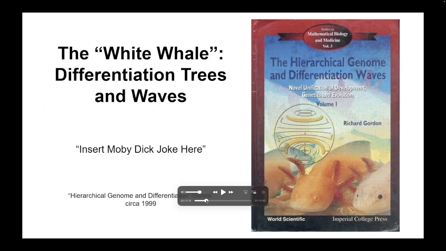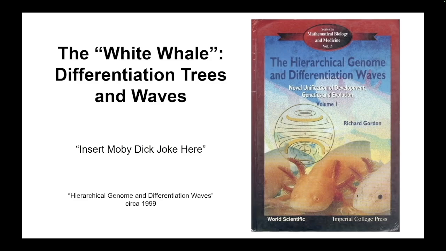Then he wrote this book in 1999, and he had this idea about differentiation trees, differentiation waves, and some other differentiation-related concepts that were really theoretical, beyond a lot of what we could actually measure and characterize, at least in 1999.